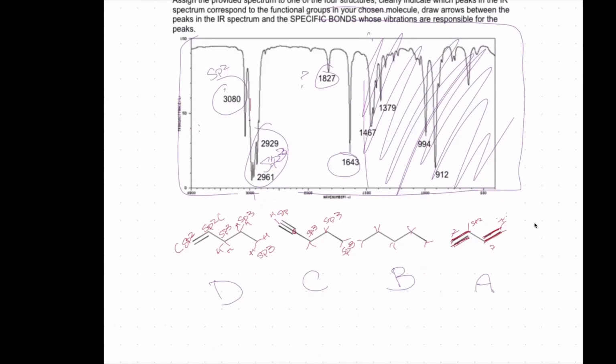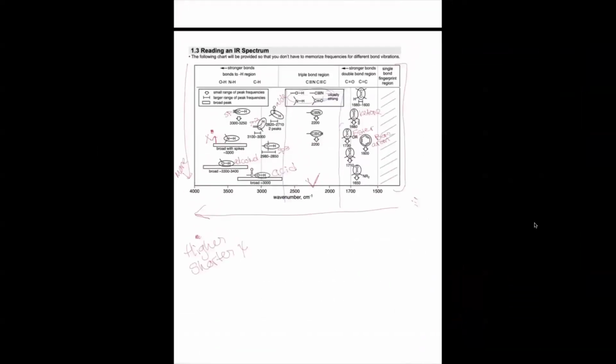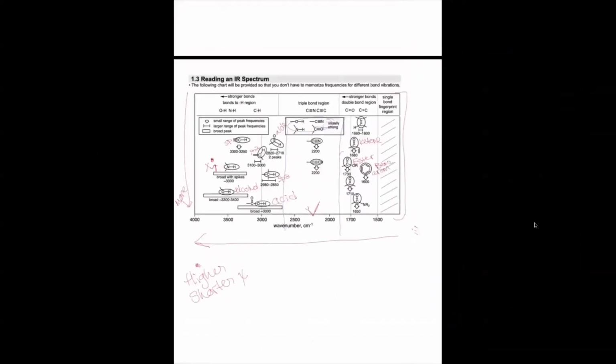But what's 1643? That's not the double bond. No, it is. But then what's the 1827? It's nothing. That's why I'm saying not everything matters.